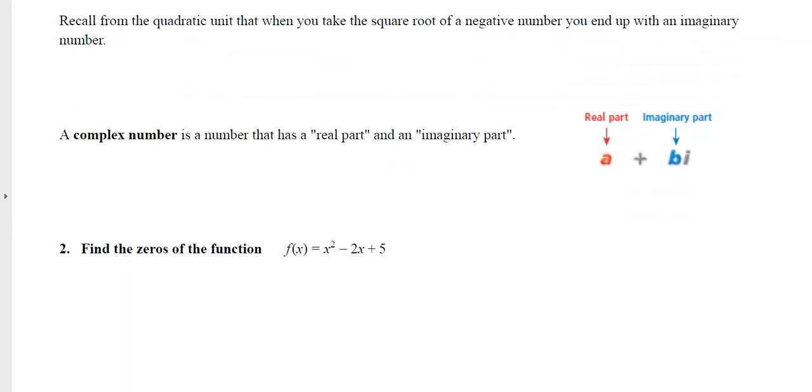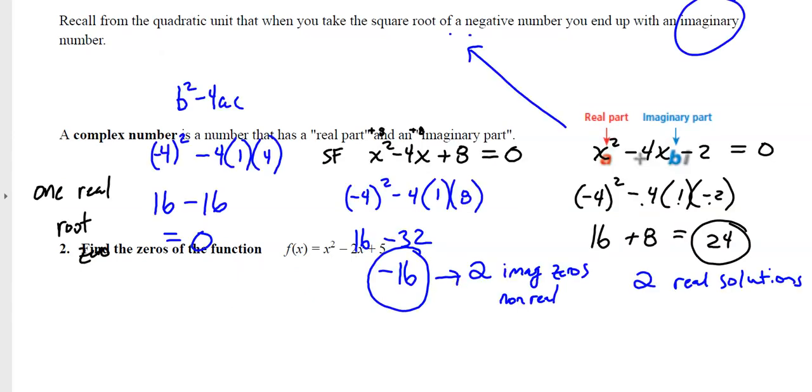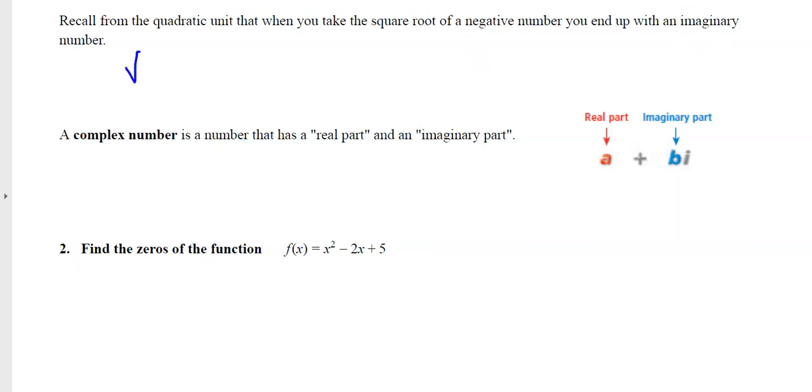Now recall from the quadratic unit that when you take the square root of a negative number, you end up with an imaginary number. I just showed that on the page before. So again, if you had something like the square root of negative 4, well, that's just the square root of 4 times the square root of negative 1, which would just be 2i. So that's an imaginary number.